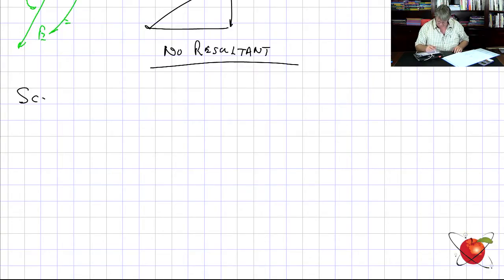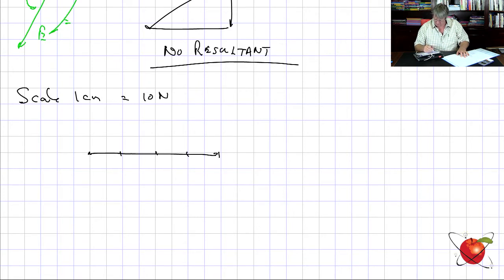They're saying, right, let me just go back to my thingy. The scale is going to be 1 centimeter equals 10 newtons. Now they've told us 40 newtons to the right. So what do I say? All right, I go 1, 2, 3, 4 centimeters, because that is a diagram. 4 centimeters is equal to 40 newtons, right?